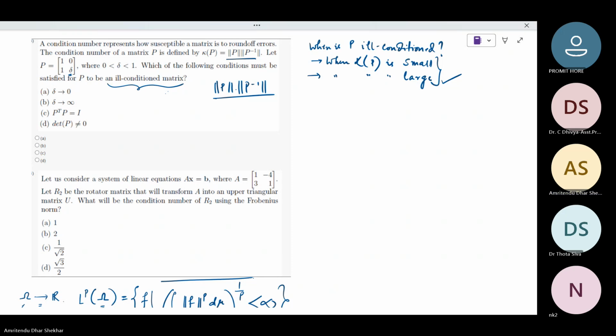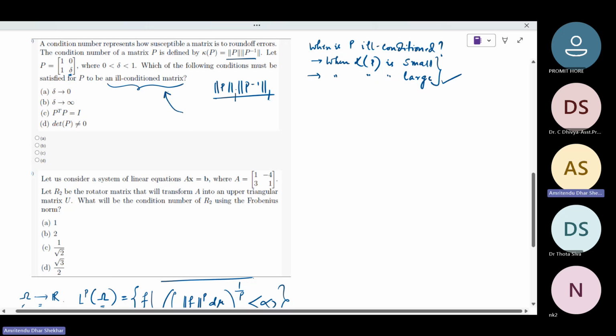So you have to compute P inverse. Just quickly compute this P inverse, and then you can take the one norm and test with respect to that. I will look at this question about the equivalence of the matrix norms. I don't think they are equivalent, but I may be wrong. I'll have to check that. Maybe next time I'll have this question in mind. But hopefully this is clear how to solve this question.